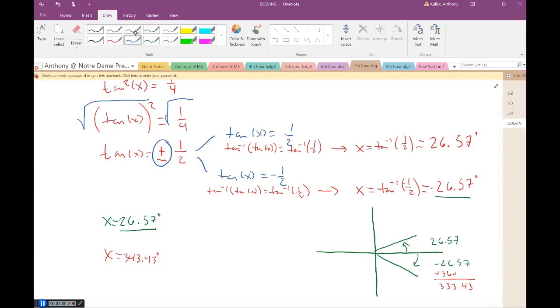Now remember that tangent is positive in two locations, right? What's the other quadrant that tangent is positive in? All Silly Turtles Crawl, so it's quadrant 3. So how far is this part here?